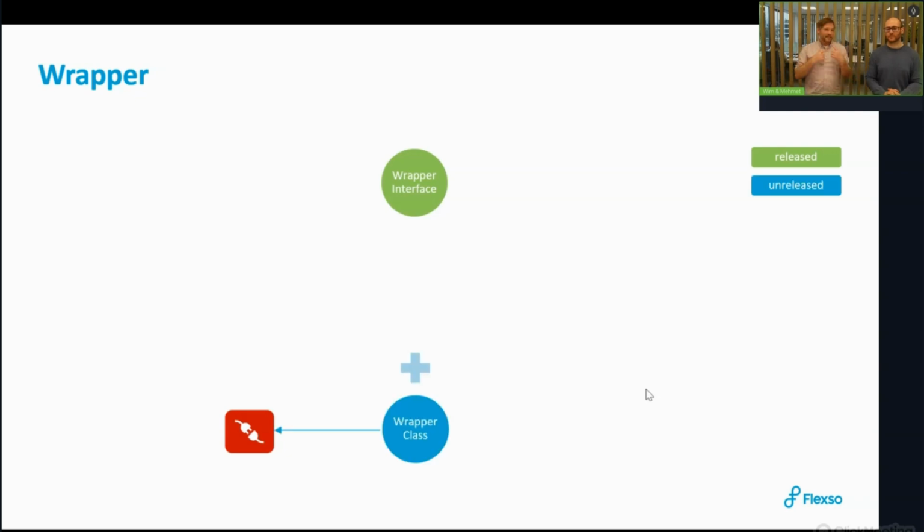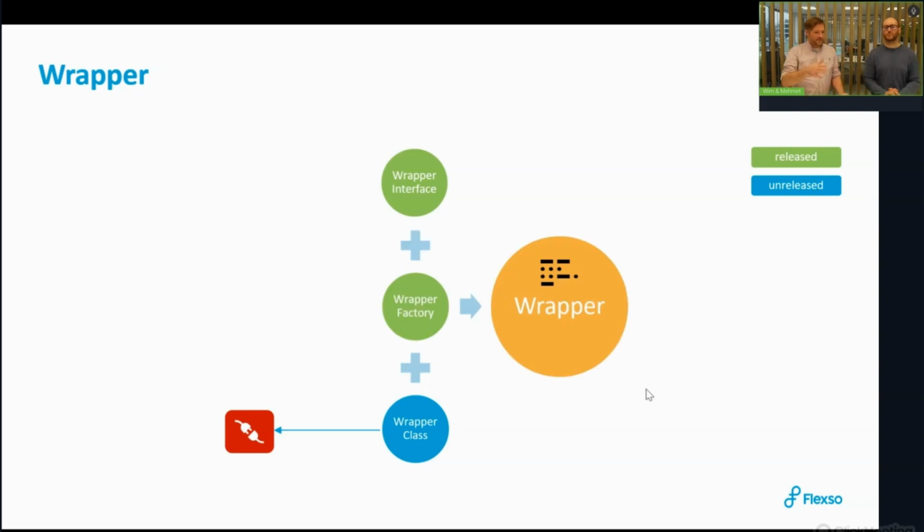You also need a wrapper class, which implements the interface, meaning it has all the same methods as the interface, but with logic in them. This wrapper class calls the actual BAPI, the non-released API. And finally, a factory is generated, needed for you to be able to instantiate the wrapper in your code. The two things that are released are the interface and the factory. The class itself should not be released.